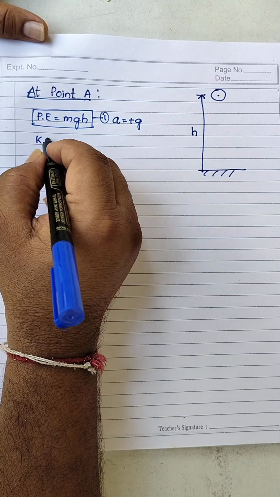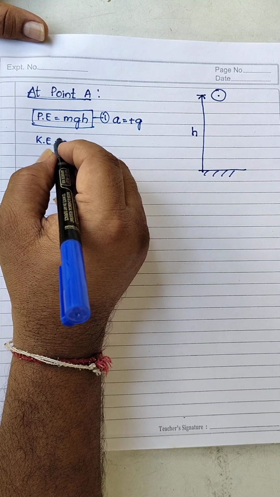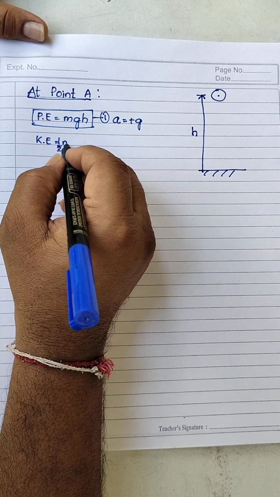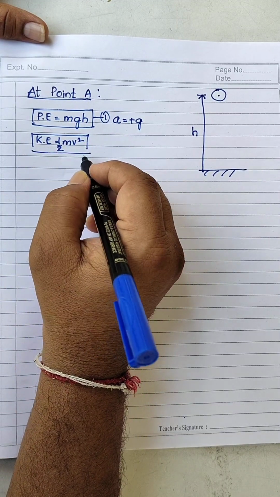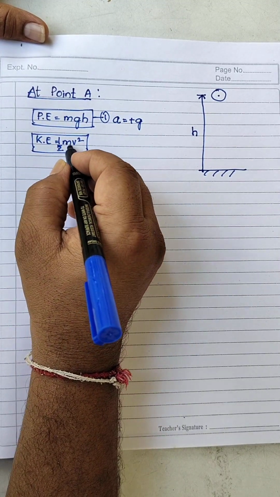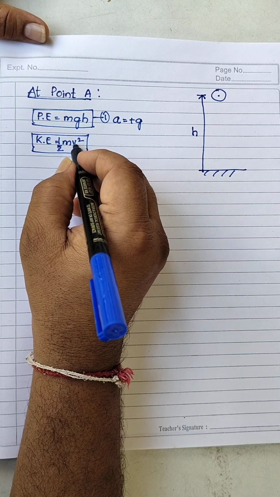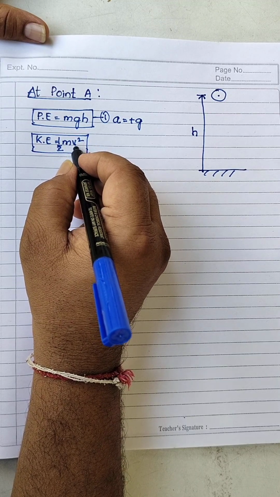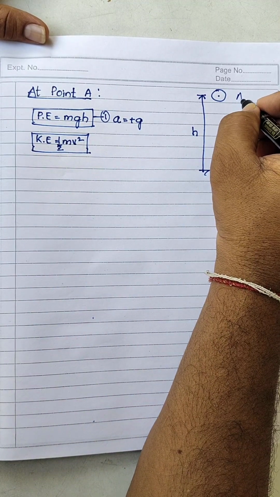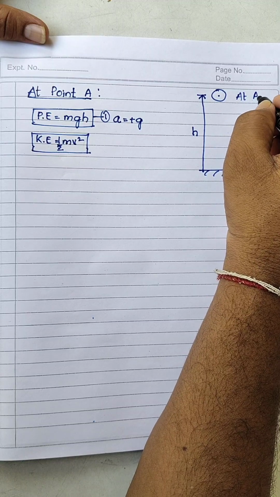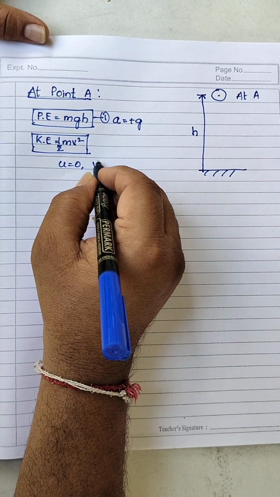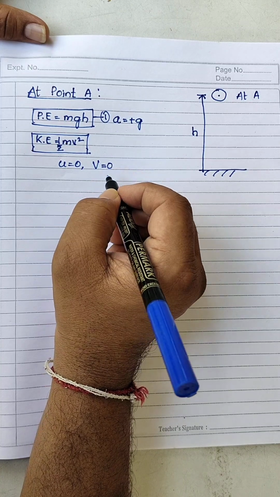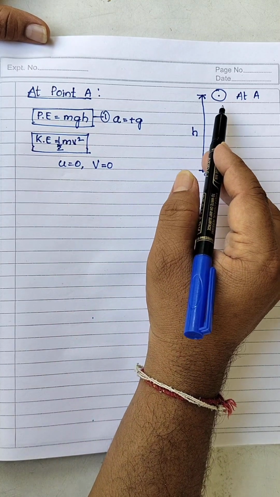What is the kinetic energy formula? Half mv square. In this, we know already m is mass and v is final velocity. At point A, initial velocity is 0 and final velocity is also 0, because it is not traveling anywhere.